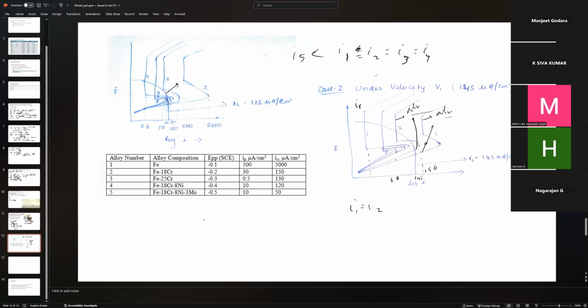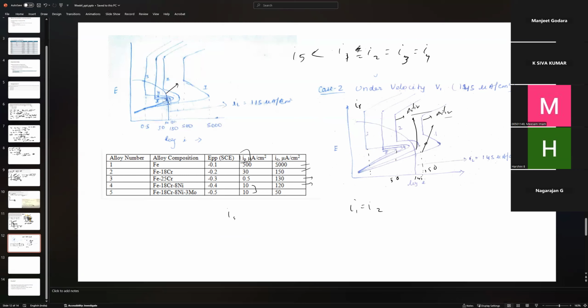So we know for the first two samples, it will be in the active region, so highest corrosion. For these three samples, we have to see the passivation current density. For these two samples, it's equal.